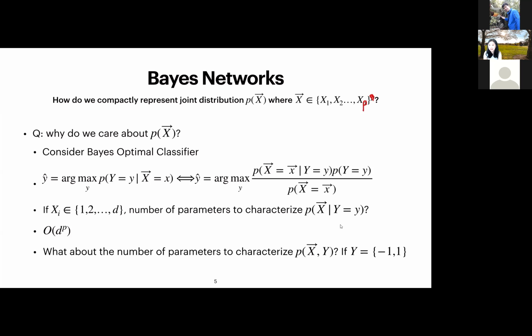I'm giving a specific example here that Y equals -1 or 1. So exactly, you need 2 times D to the power P. Why? Because when Y equals -1, you need to completely characterize the X, which is D to the power P. But also when Y equals 1, you also need to completely characterize the X. So you need to sum these two up. So it becomes 2 multiplied with D to the power P.